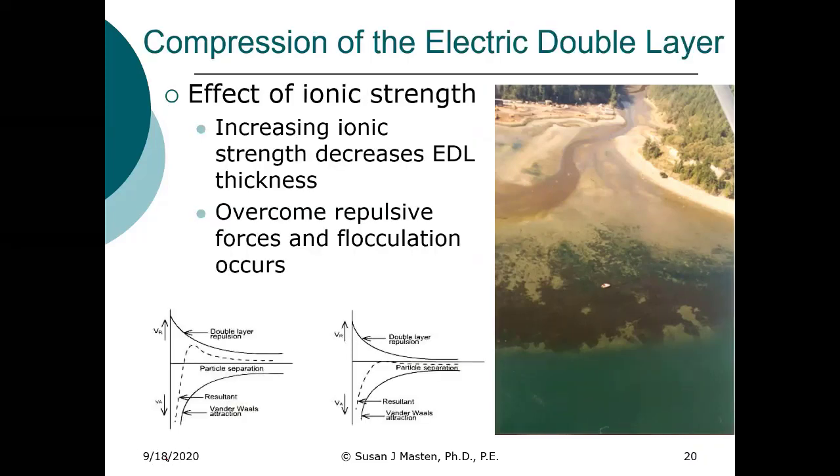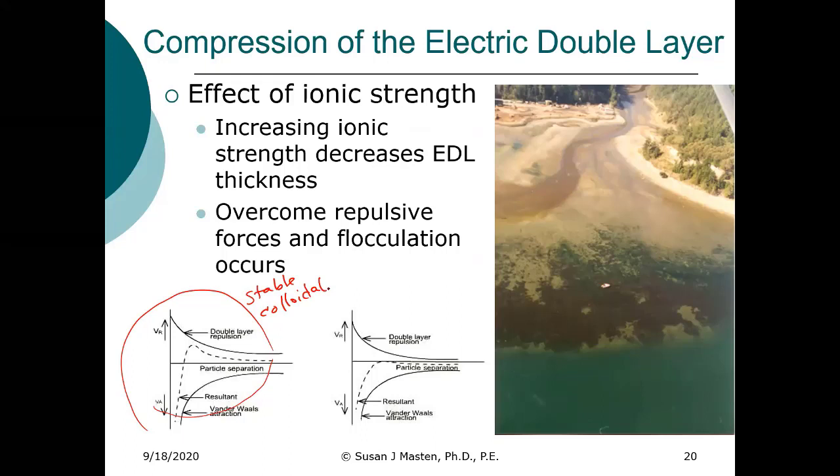And I've just basically said what's on this slide. And you can see here, and we've talked about this, this is the situation in the freshwater where the repulsive forces predominate and you have a stable colloidal suspension.